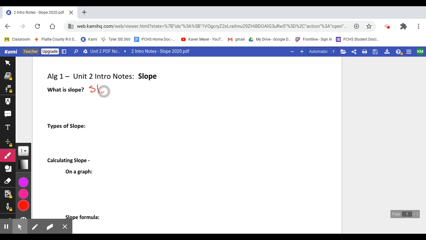Well, slope is used to describe the steepness of a line.